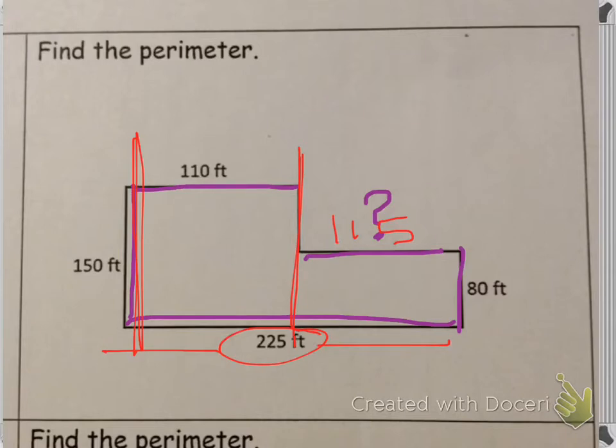Then I'm just going to punch these numbers in my calculator: 110 plus 150 plus 225 plus 80 plus 115. And the total I get for that is 680. My measurement's in feet, so my measurement will stay in feet. So 680 feet is the length around that object, or its perimeter.